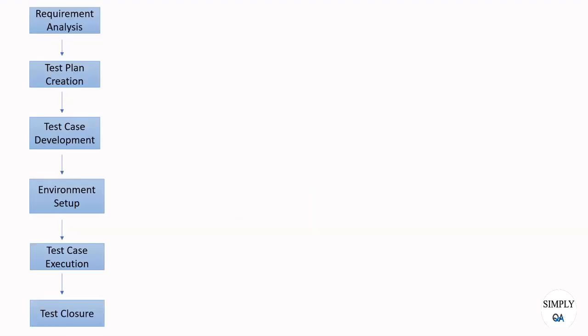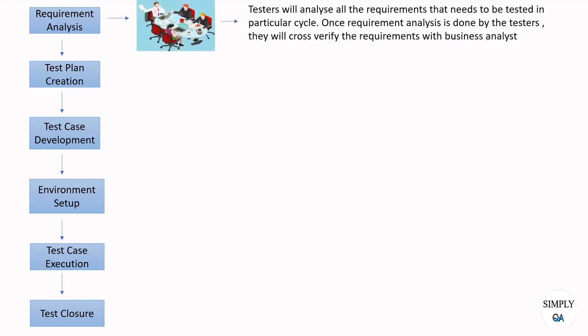So guys, if we need to test a particular application, we can't directly go and test, right? It does involve a few steps to test a particular application in an efficient manner. So the first phase of this STLC cycle is requirement analysis. Basically, before starting the actual testing, testers will analyze what the actual requirement of the customer is, and what modules need to be tested.